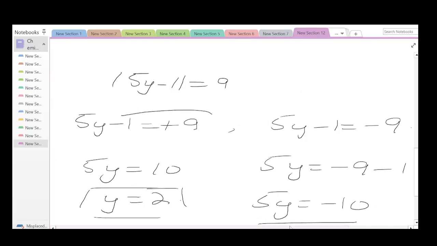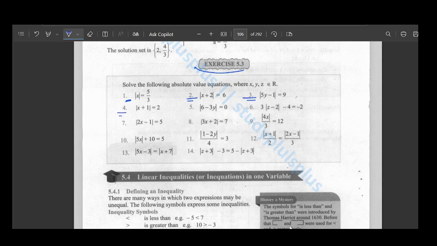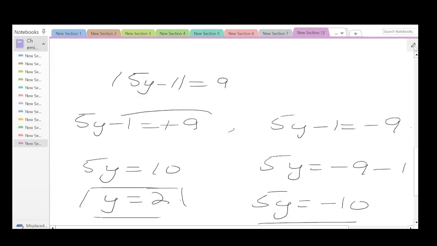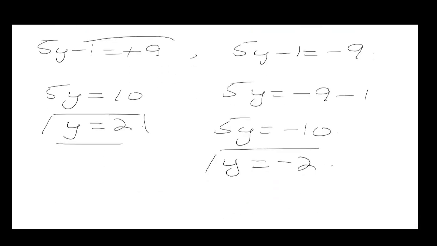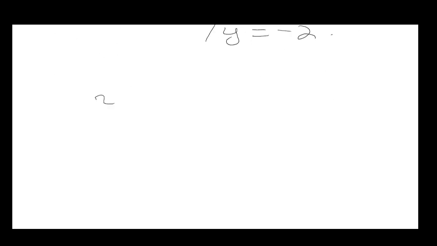Now let's move on. Here we have question number 4, |x + 1| = 2. This question is pretty easy. It's the same as what we attempted before. So x plus 1 is equal to positive 2, and x plus 1 is equal to negative 2.